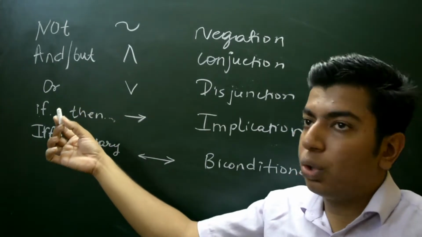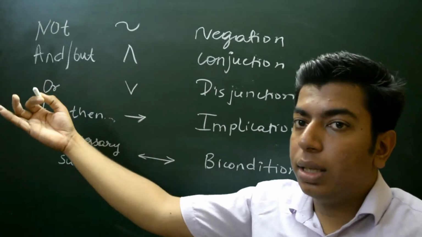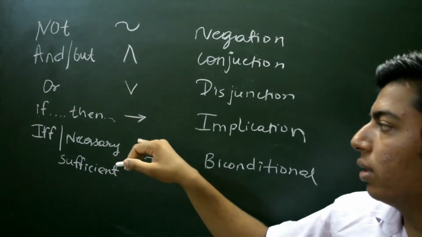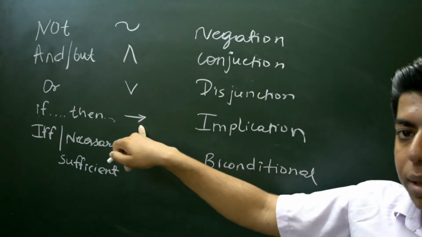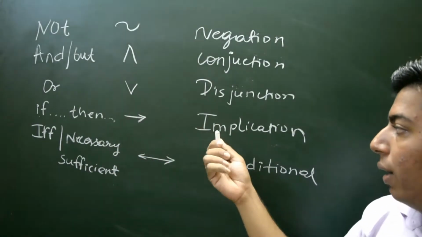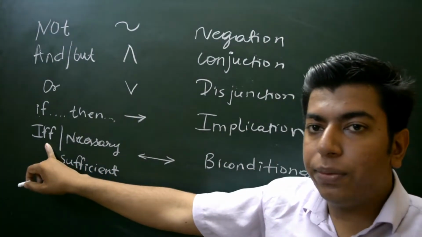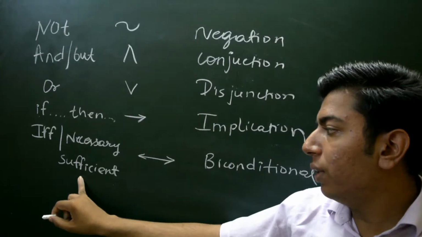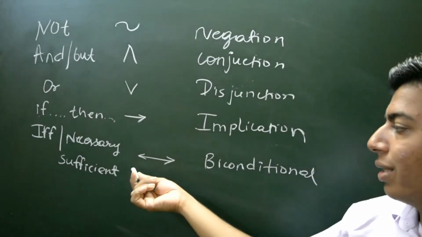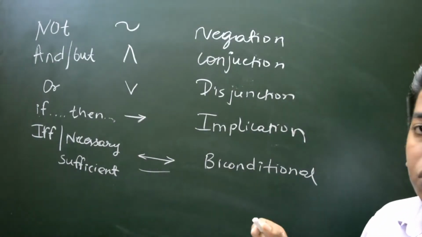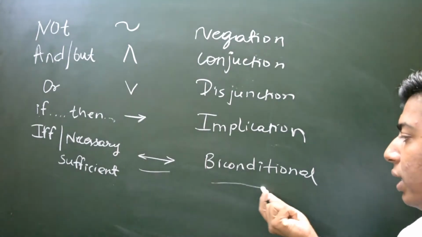If Sita is tall then Gita. So in that case you have to declare the symbol like this, which means implication. If and only if, necessary and sufficient, then the symbol is like this, and it is known as biconditional.